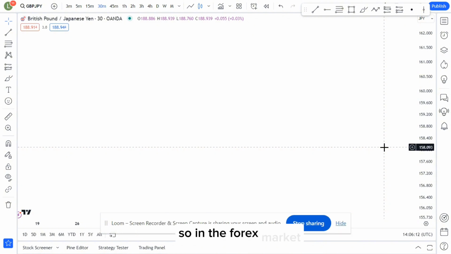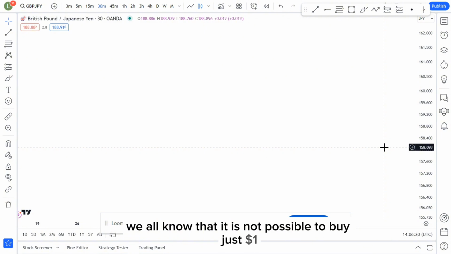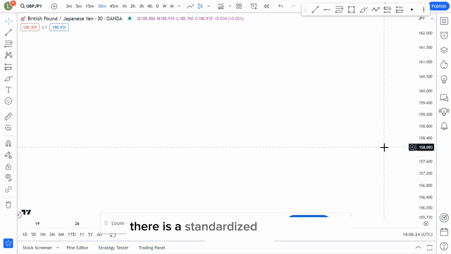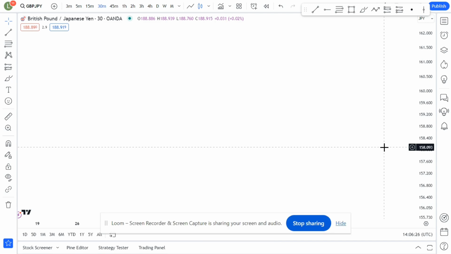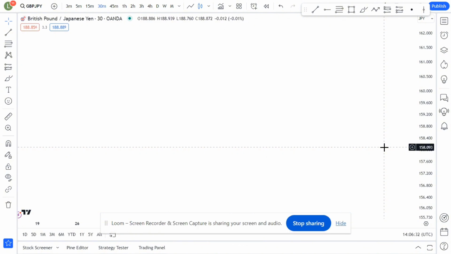So in the forex market, currency pairs are not just bought or sold singly, right? We all know that it is not possible to buy just $1 or one value of any currency pair. There are standardized units for selling and buying of currency pairs in online forex trading.